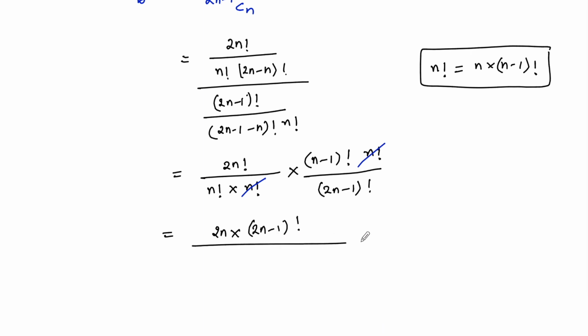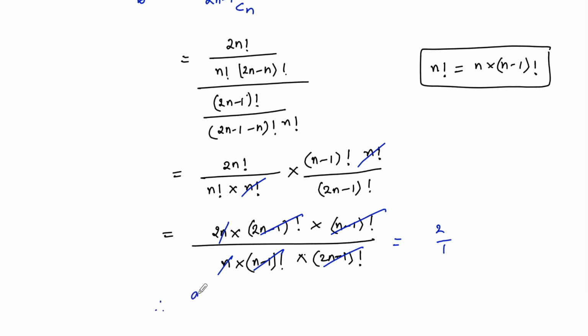So we can cancel the denominator term, and again here the (n - 1) factorial, and the denominator n factorial we can write as n into (n - 1) factorial. So we can cancel certain terms: (2n - 1) factorial and (n - 1) factorial, and n get cancelled, so we are getting 2. So a upon b is equal to 2 by 1, therefore a upon b is equal to 2 is the answer. Okay.